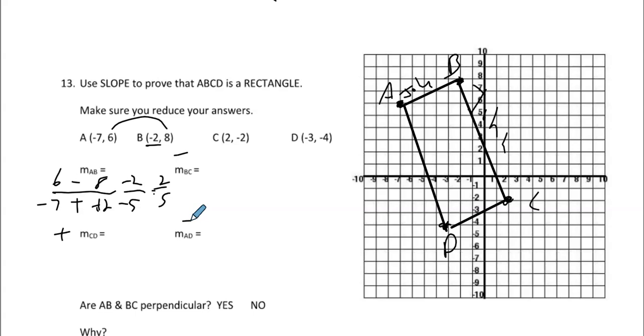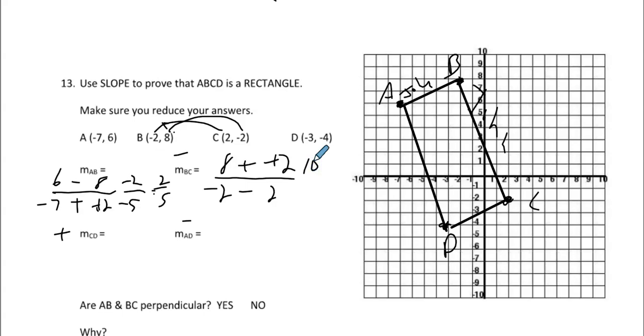All right? Now, BC. I'm going to do 8 minus -2. Again, it's not 8 minus 2, it's 8 minus -2. And then -2 minus +2. Right here is going to give me 8 plus 2 is 10 and negative 2 minus 2 is negative 4.